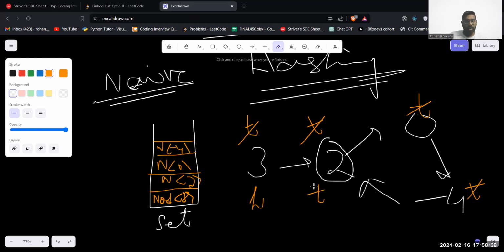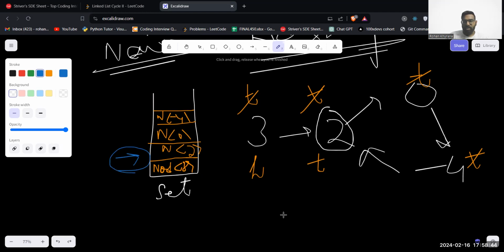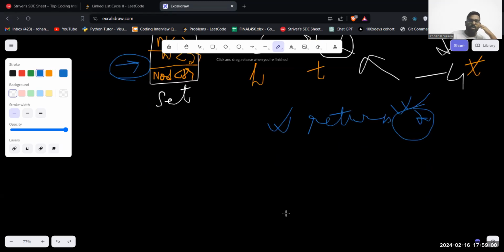As soon as I move here again, you will notice that I already have it, so I will return 2, because this node already exists in my hash, or probably my set. Okay. So what is the time complexity?